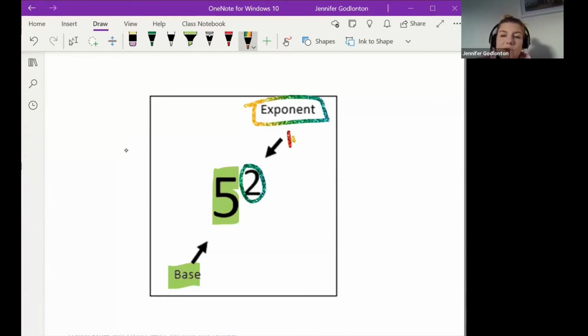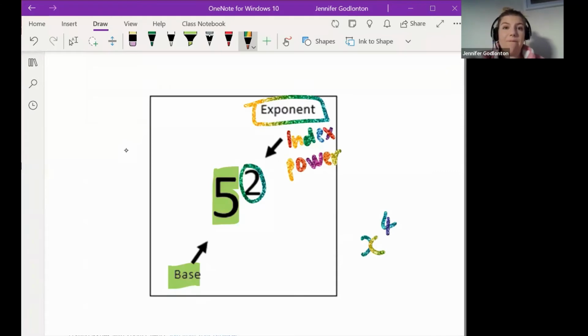Some teachers call that an index, some call it a power, some call it an exponent. It just depends. So we have a base and an exponent. For example, x to the power of 4: my base is x and my exponent is 4.